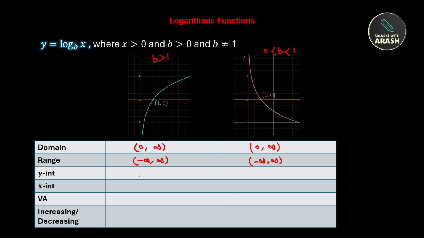For y-intercept, we don't have it anymore. Instead, we have x-intercept at 1, 0. Vertical asymptote, that's at x equals 0. And lastly, when b is greater than 1, then the function is increasing. And if b is between 0 and 1, then it's going to be a decreasing function.